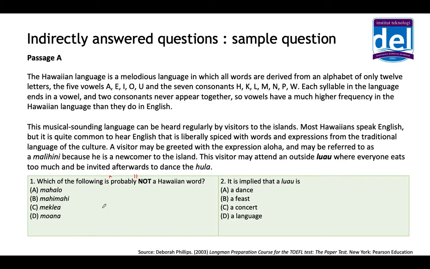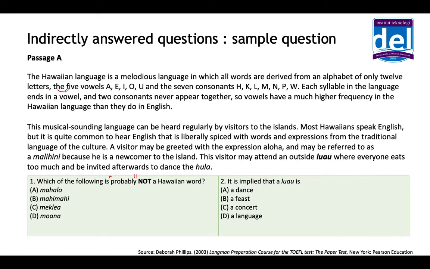The next thing to do is to make inferences based on the statements here, because the question is asking about a word that is not a Hawaiian word. So we read here, the Hawaiian language is a melodious language in which all words are derived from an alphabet of only 12 letters: the 5 vowels, A, E, I, O, U, and 7 consonants.